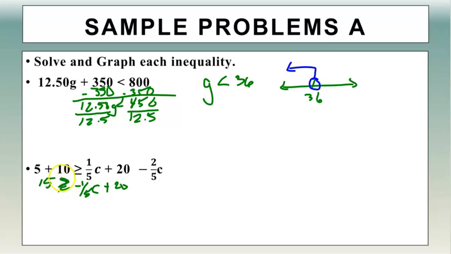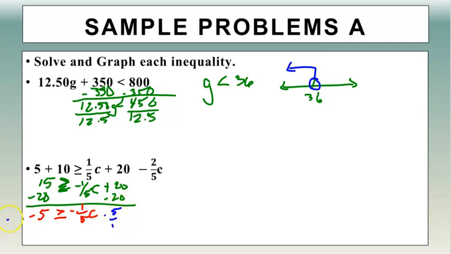This should be greater than or equal to. So I need to subtract 20 on both sides. And now I have negative 5 is greater than or equal to negative 1/5 c.